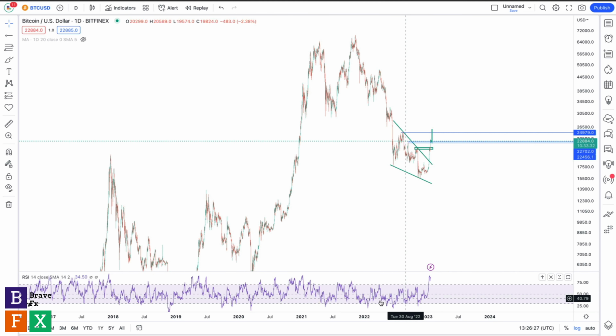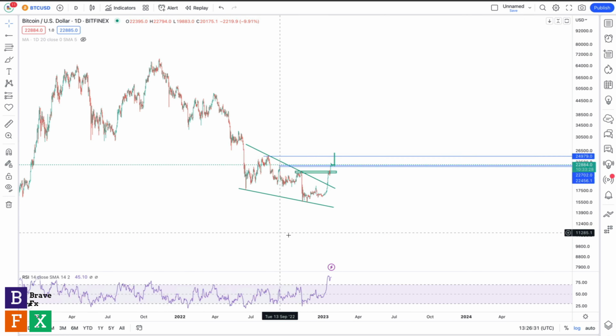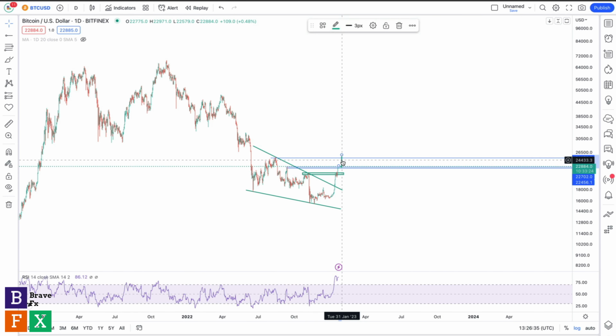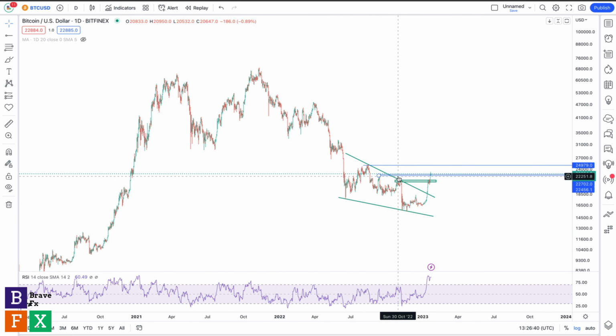But something very important to understand is that whenever we get price extremely overbought, there's a good chance we might see some sort of bearish reversal to cool the price down before heading higher. So this is my outlook for Bitcoin. I won't be shorting Bitcoin right now because it looks really bullish. So all you have to do is wait for that bearish consolidation and then a bullish breakout for you to go long if you day trade Bitcoin.